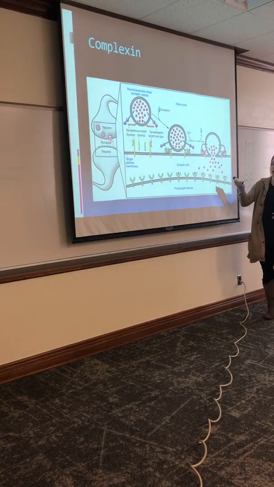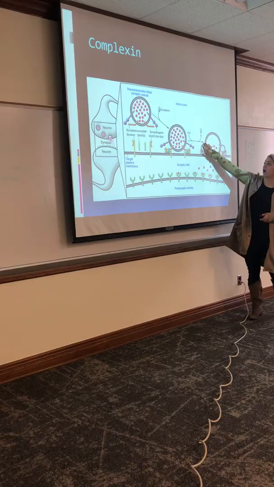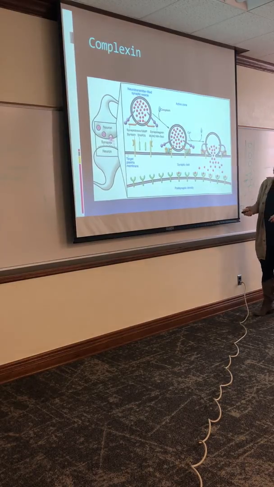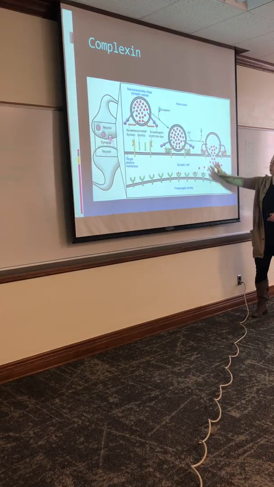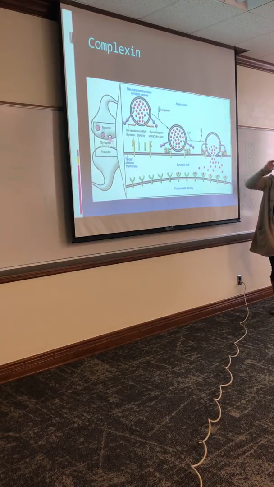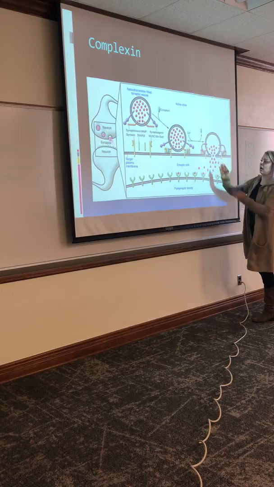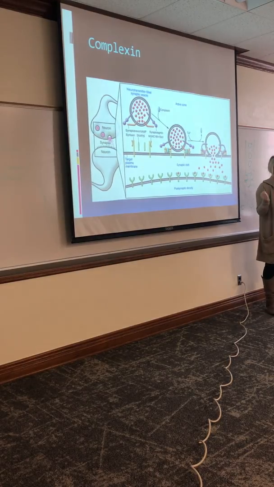Calcium is going to come in and bind 3 to that first binding site on synaptotagmin, which is going to allow for that swinging in and the knocking off of complexin. And then you're going to have 2 bind to that second binding site, which is going to allow the synaptotagmin to fuse with the membrane, right? It doesn't matter if you pull the vesicle open inside the cell.